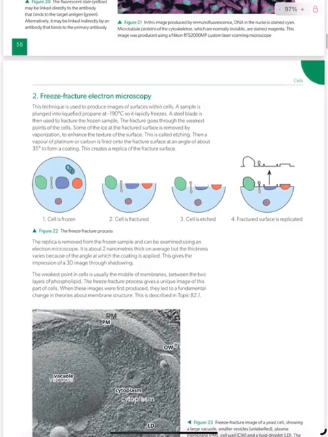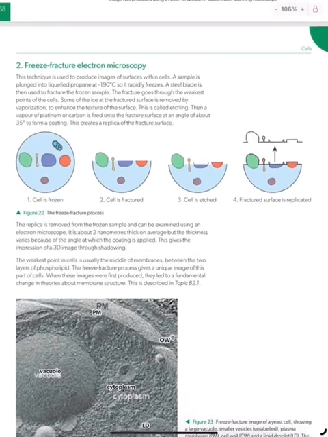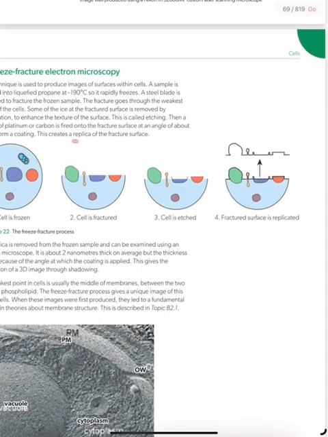And then we have freeze-fracture electron microscopy. So this technique is used to produce images of surfaces within cells. So a sample rapidly freezes. As you can see here, this is the first step. And this creates a replica of the fracture surface. It's like an outline that you can see here.